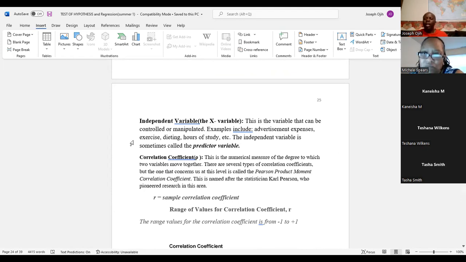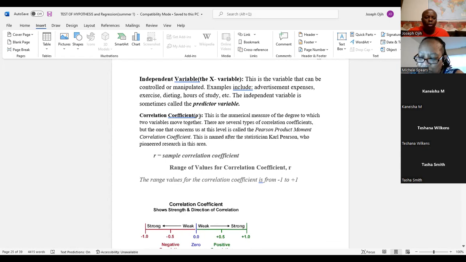Yes, you get health benefit from there, but you don't know how much. You can't control that one. But you can control the amount of time you spend doing exercise. So these are the two variables. We call it the predictor variable, or the independent variable, or the X variable.